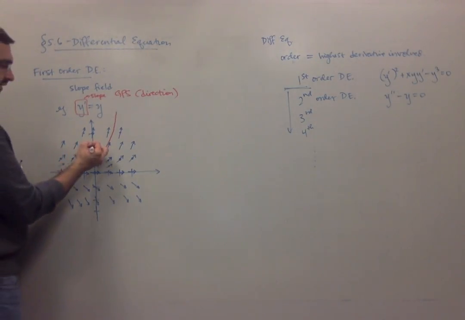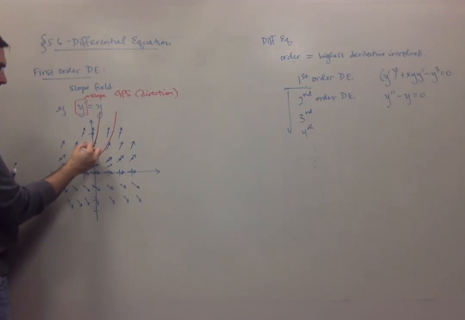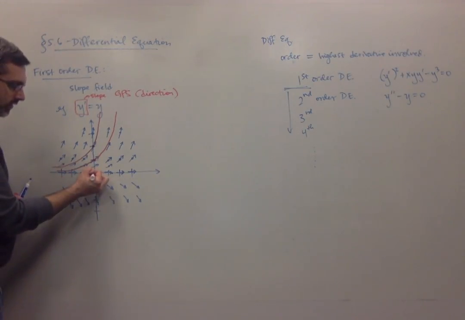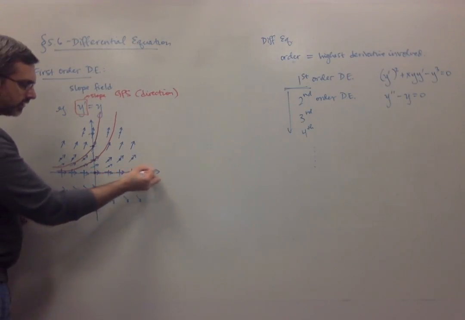Okay, if I were to start instead at 0, 2, I would start out going steeper and I'd just keep getting steeper. Here I would back out, getting shallower there. If I were to start at 0, 0, I would keep going on the x-axis, and each of these points would keep me going on the x-axis, so my solution there would look like this.